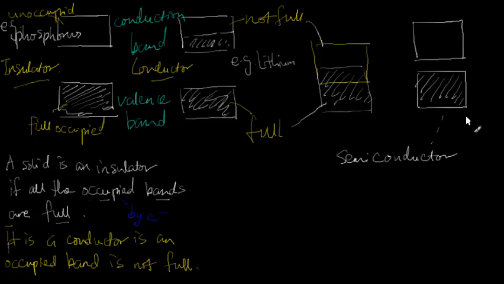Yes, except that in physics as in life, things can always get complicated. Now in this case, the complication is this. You see, there are electrons here at this level, and there are no electrons in that band.